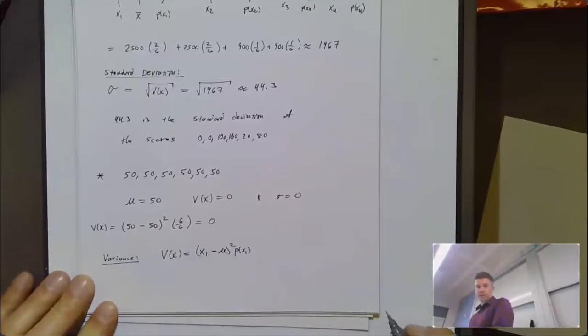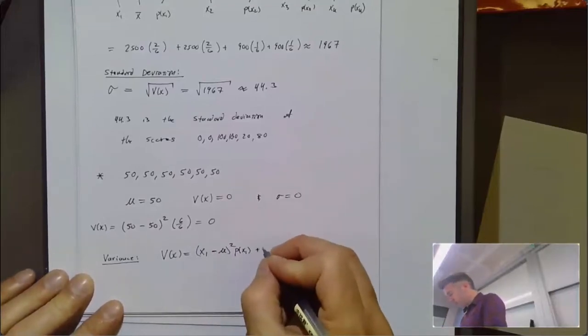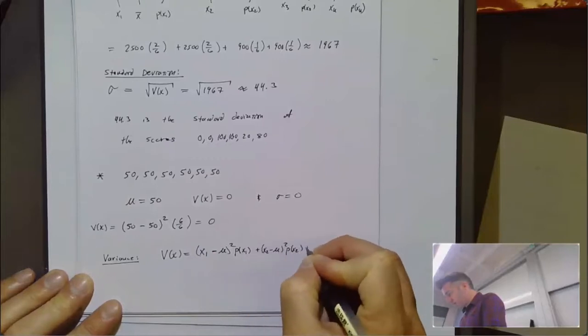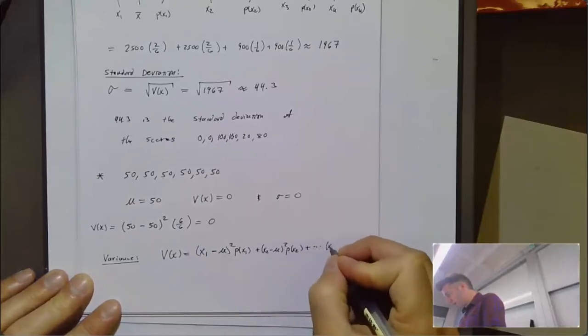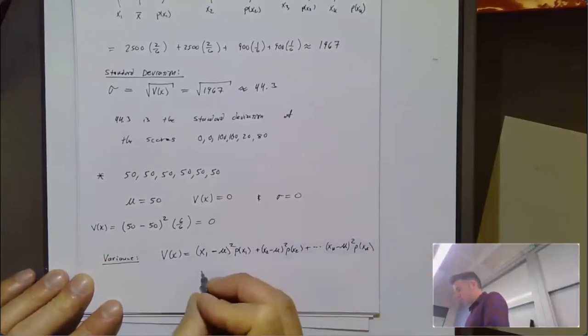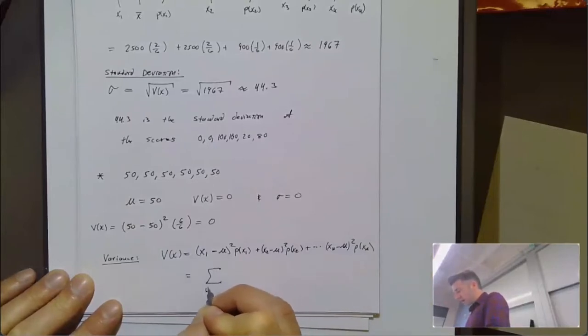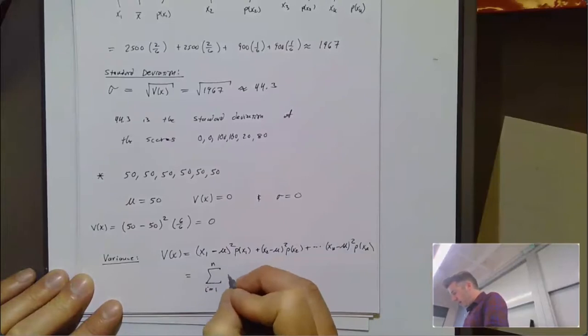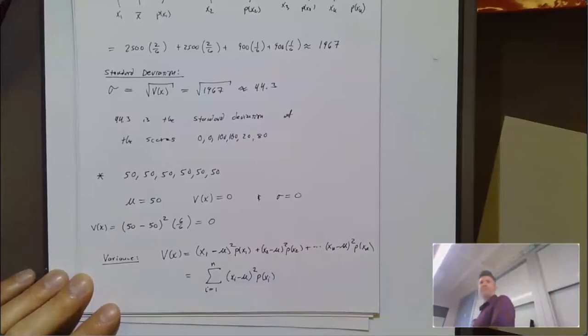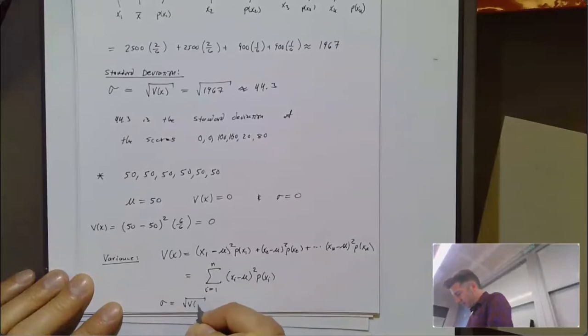So x1 minus mu squared times the probability of x1, plus x2 minus the mean squared times the probability of x2, plus all the way to the last score, xn minus the mean squared times the probability of xn, which we could also write using sigma notation as the sum from i equals 1 to n of x sub i minus the mean quantity squared times the probability of x sub i. And then the standard deviation is just the square root of that.